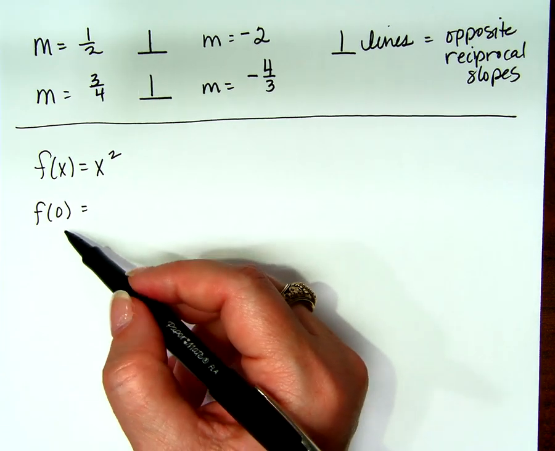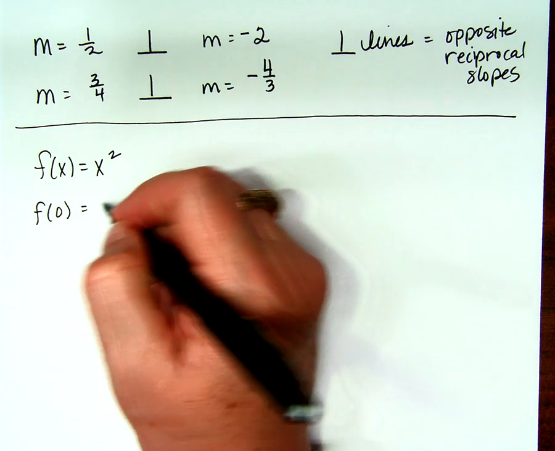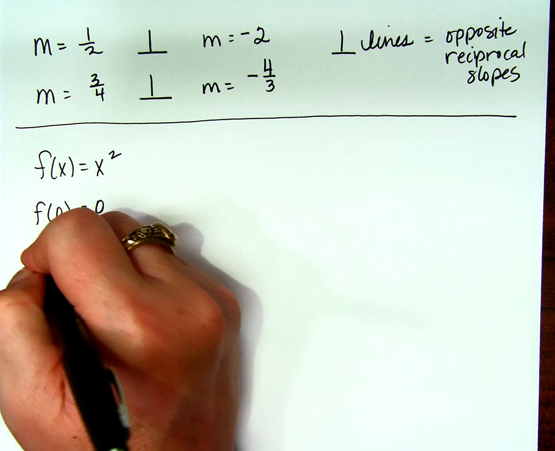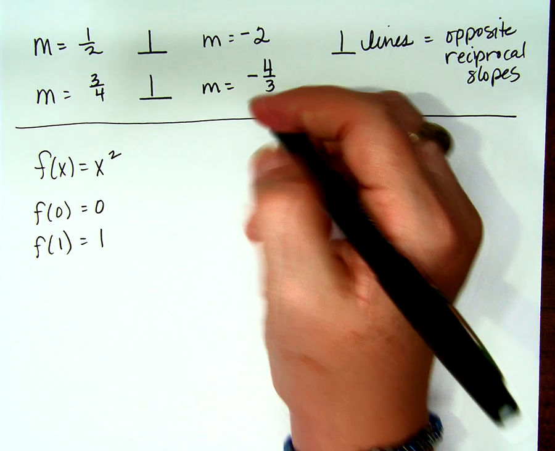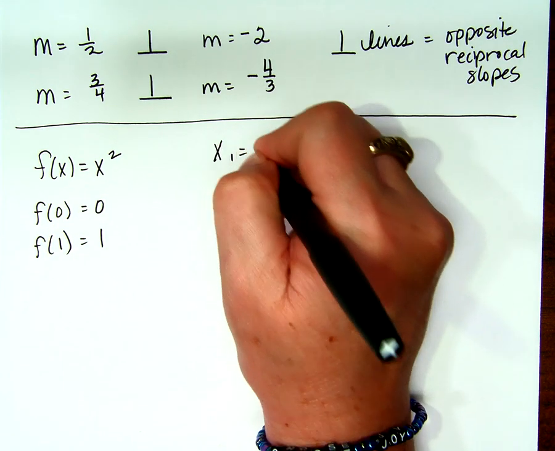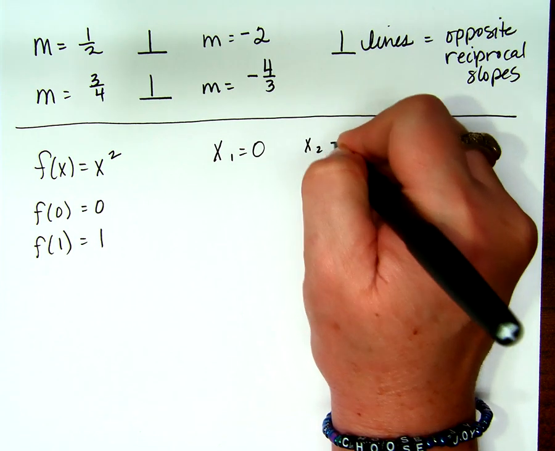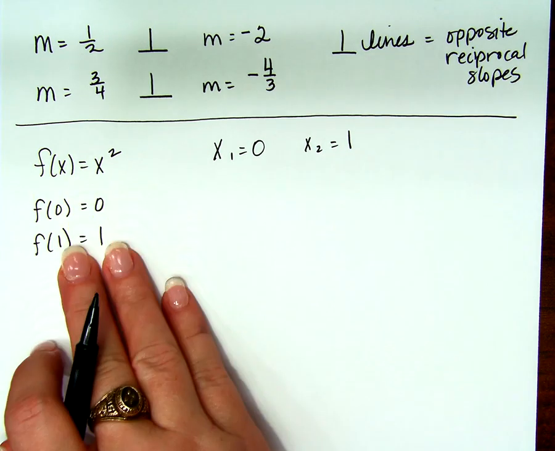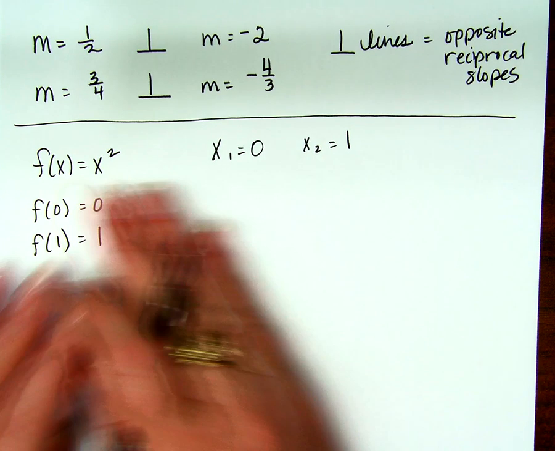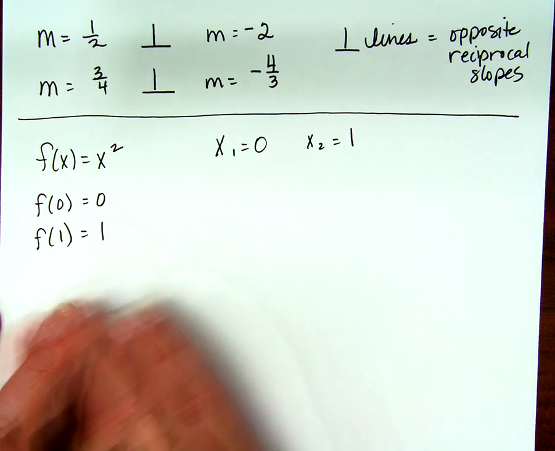Actually, I don't have to tell you. You can tell me. Is 0, right? Because 0 squared is 0. Well, what about f of 1? 1, right? So x sub 1 would be 0, and x sub 2 would be 1 then, right? Okay, we could do it in this order, or you could start here with just only this, and you could figure this out, couldn't you?